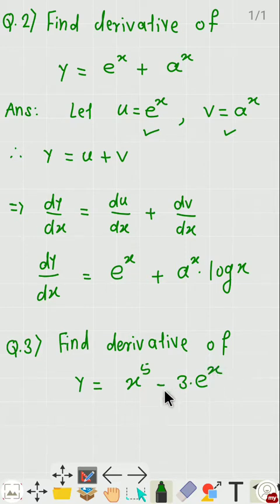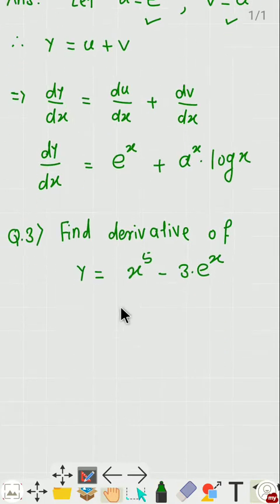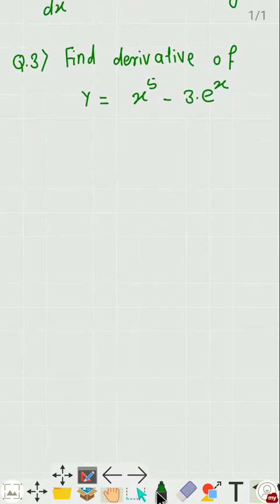Okay, so this is the function, and we have to find the derivative of this function y.